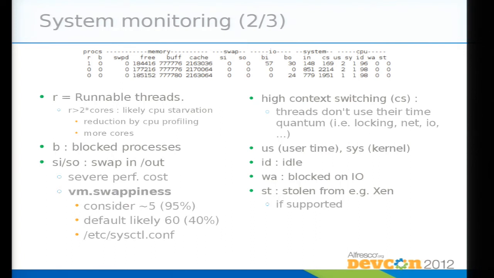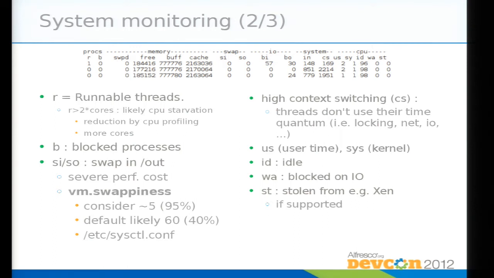The memory section we'll talk about a bit later. The swap section is interesting because swap in, swap out is a severe performance cost. And something that I see people not knowing about is that on Linux you have a kernel parameter called vm.swappiness, which tells the kernel how much memory can be used before it starts swapping stuff. On Red Hat systems, it defaults to 60, meaning at 40% usage, it will start swapping stuff out.